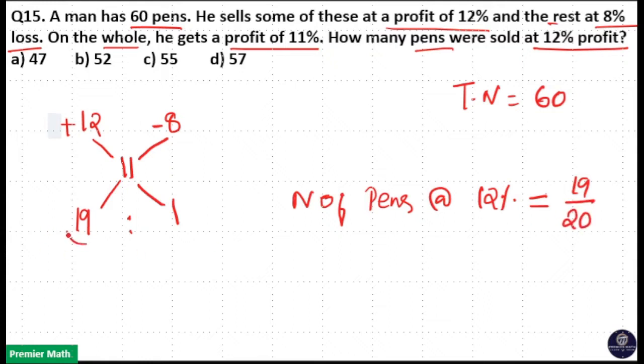That is, this is 19 parts and total parts is 20, into the total number of pens, which is 60. So 20 into 3 is equal to 60. 19 into 3 is equal to 57. So your answer is option D.